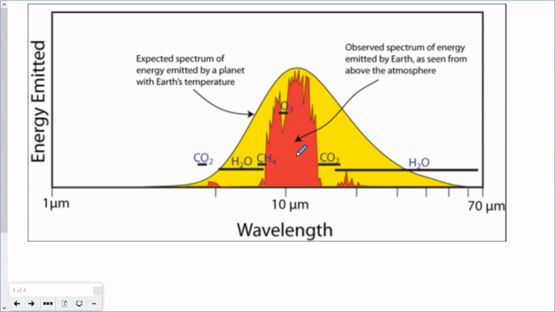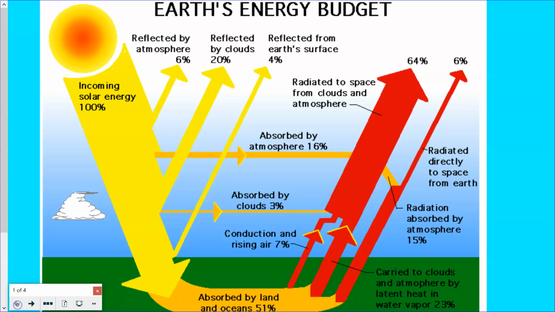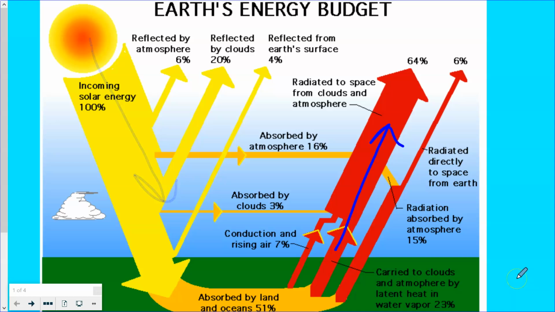So that's a general overview of our Earth's energy budget. And again, the whole point of this is for you to understand what happens to that visible light as it comes into the atmosphere, and some infrared, and what happens as things are leaving.